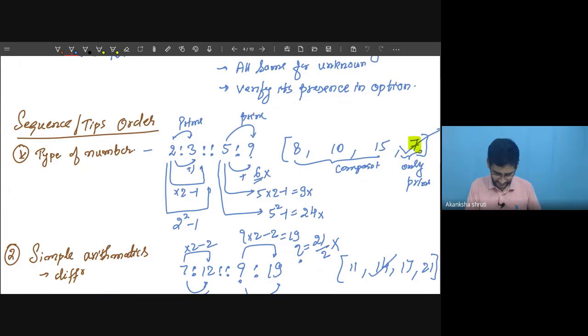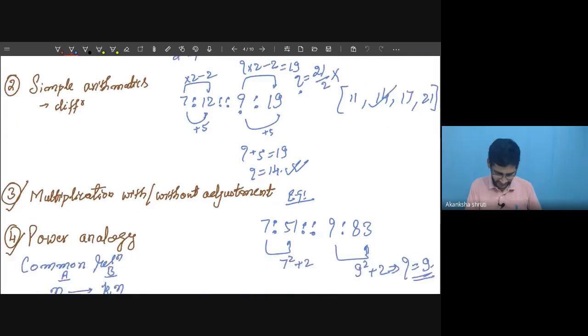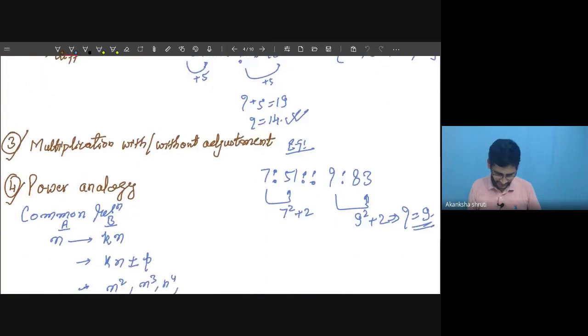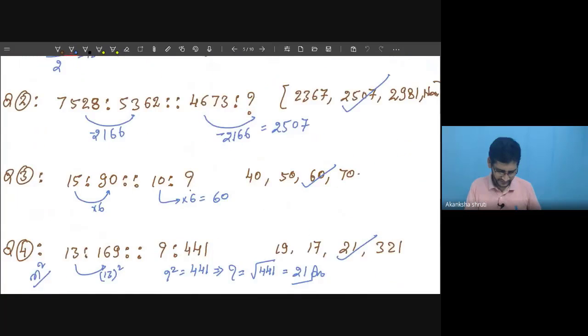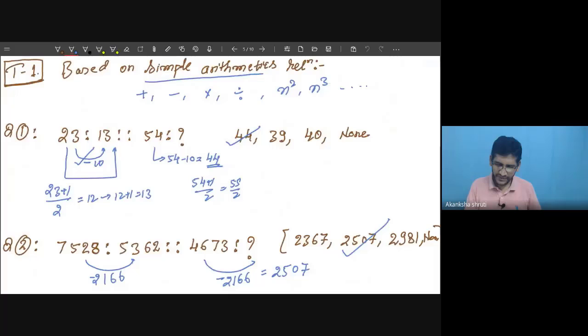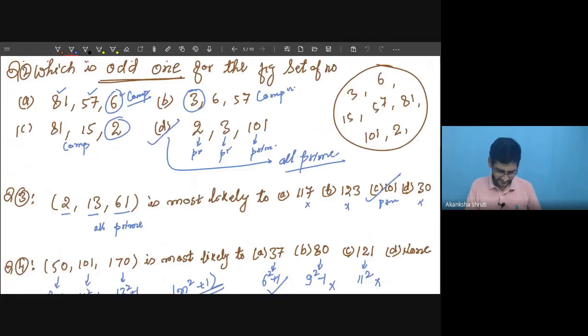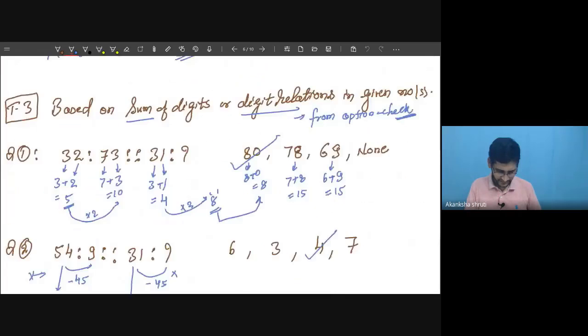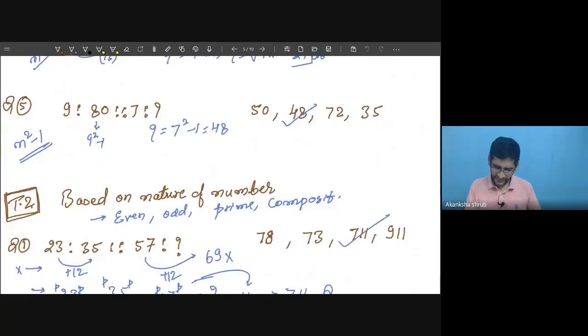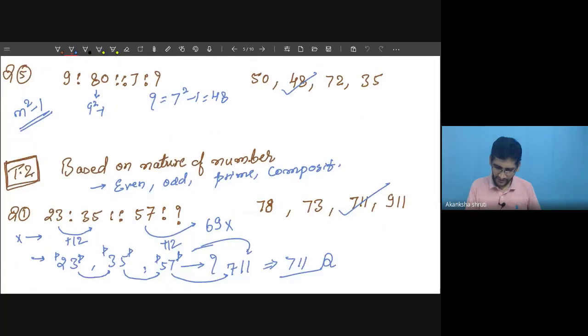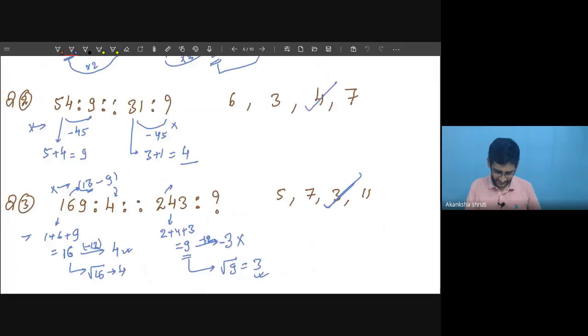Then the simple rule that we have written is power analogy or power adjustment. These are the 4, 5, or even 6 important ones. We have done this based on simple arithmetic. Then the second one was based on the nature of number: even, odd, prime, composite, all these things.